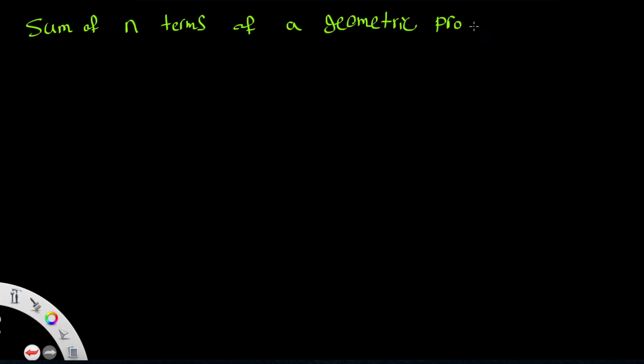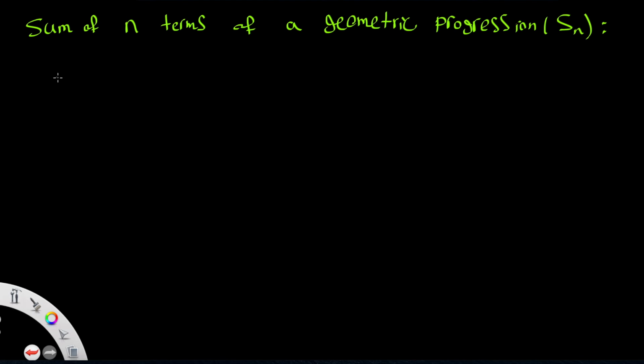Now in this part we are going to learn how to find the sum of n terms of a geometric progression, which is denoted by Sn.